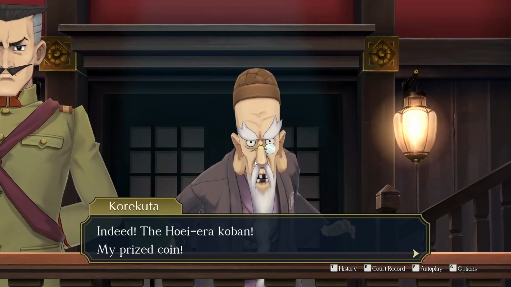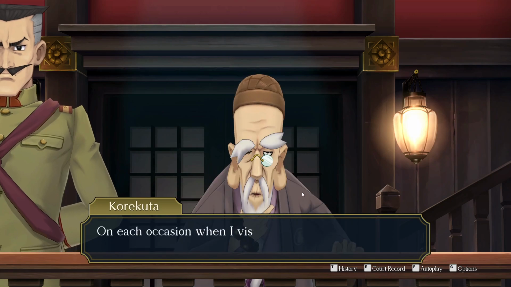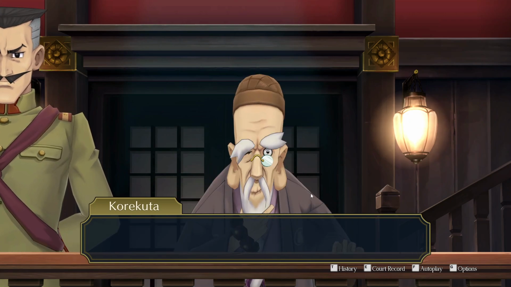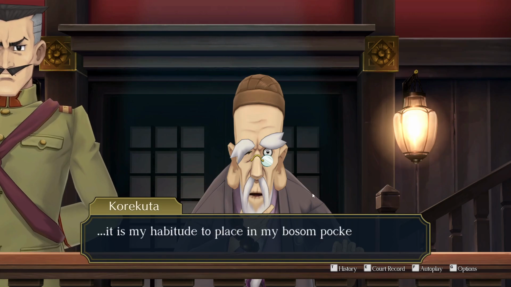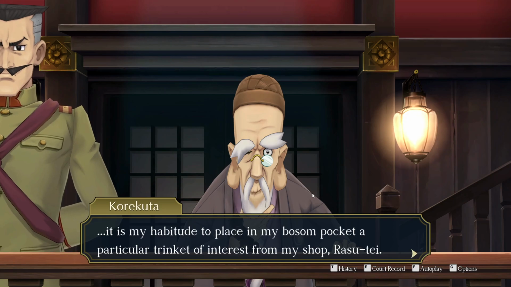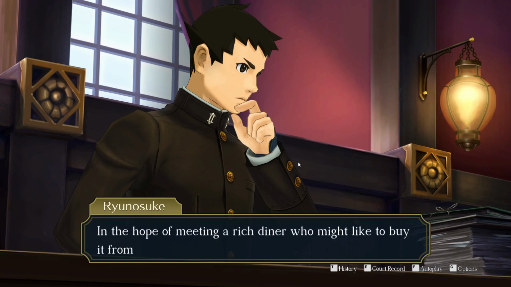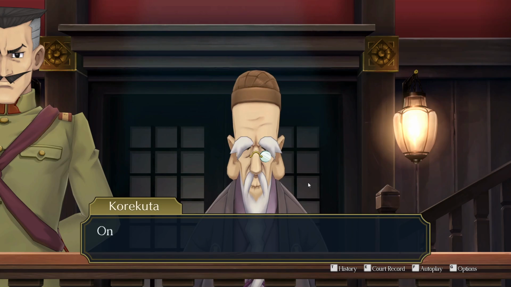Indeed. The Hoira Koban, my prized coin. On each occasion when I visit that restaurant, it is my habitude to place in my bosom pocket a particular trinket of interest from my shop, Razutai. In the hope of meeting a rich diner who might like to buy it from you?